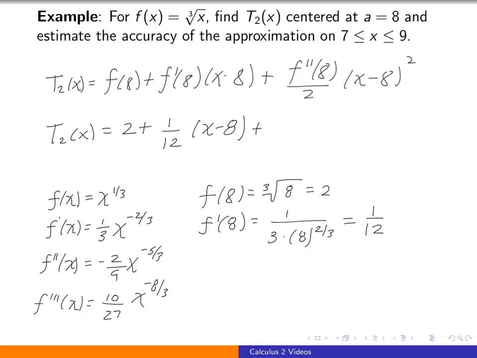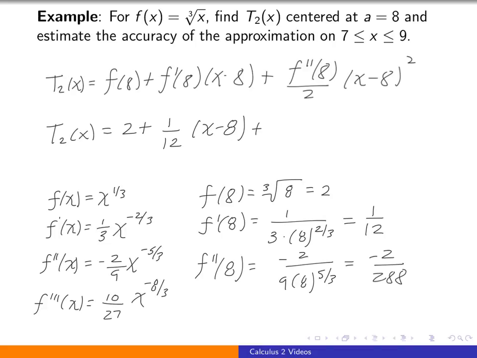And lastly, for f double prime of 8, this is equal to minus 2 over 9 times 8 raised to the 5/3 power, which is equal to minus 2 divided by 288, which you can get conveniently by just plugging it into a calculator.